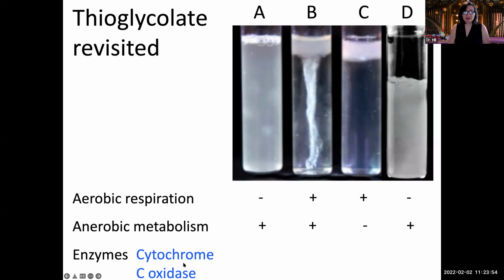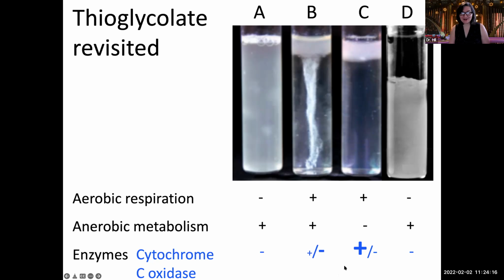Okay. What about cytochrome C oxidase? Well, I haven't told you this yet. If you were to guess, you would probably say, well, cytochrome C oxidase is involved in the aerobic respiration electron transport chain. So probably that's going to be B and C, and definitely not D and A. You'd be mostly right.